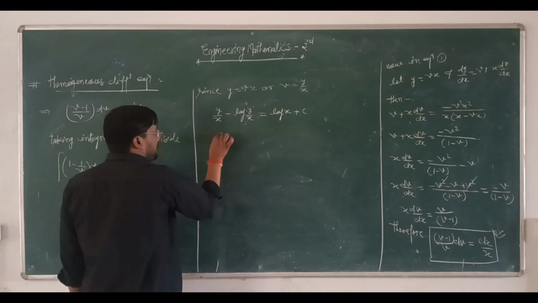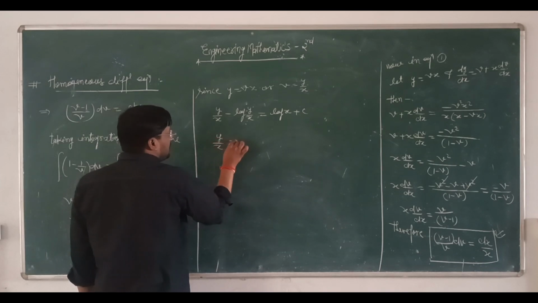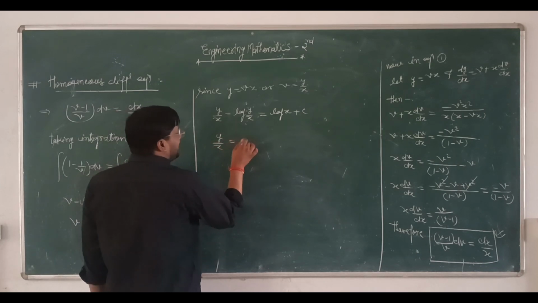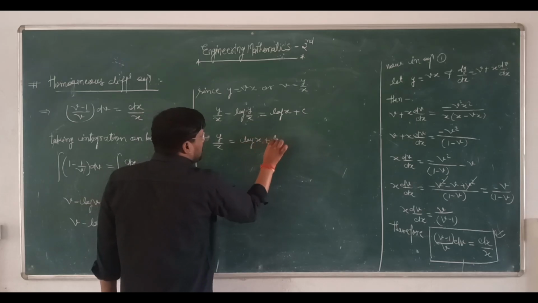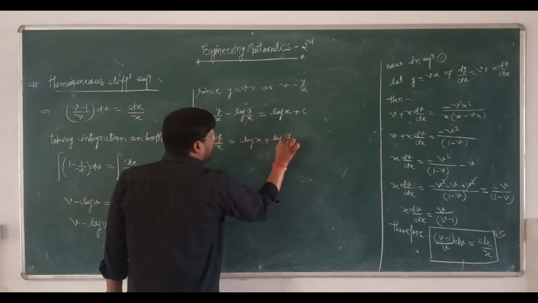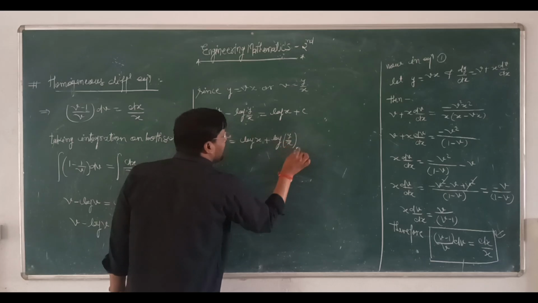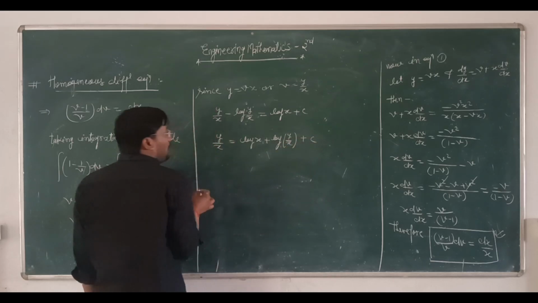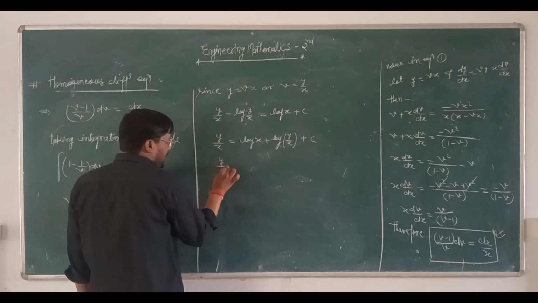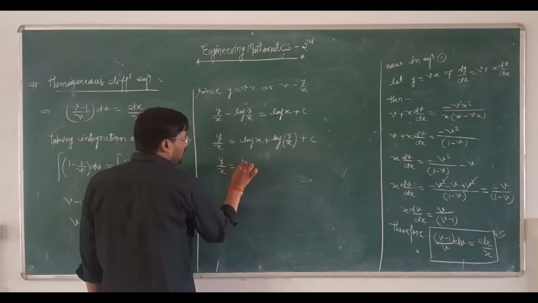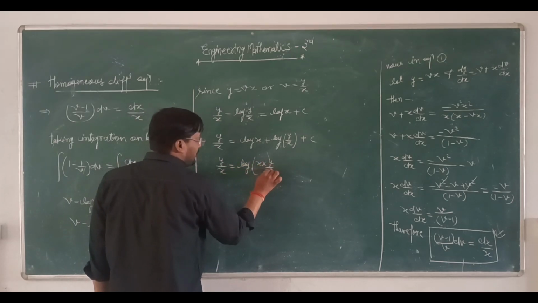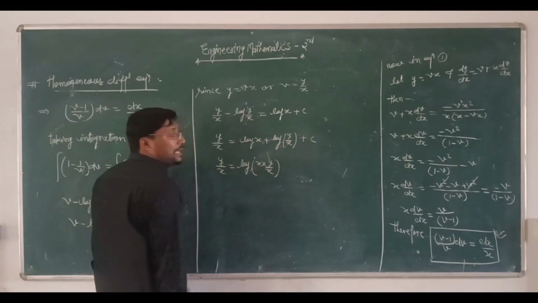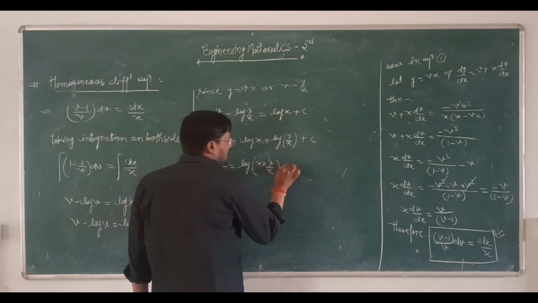Now you can write y by x is equal to log x plus log y by x plus c. Now you can write y by x is equal to log of x into y by x, this is log m plus n, plus c.